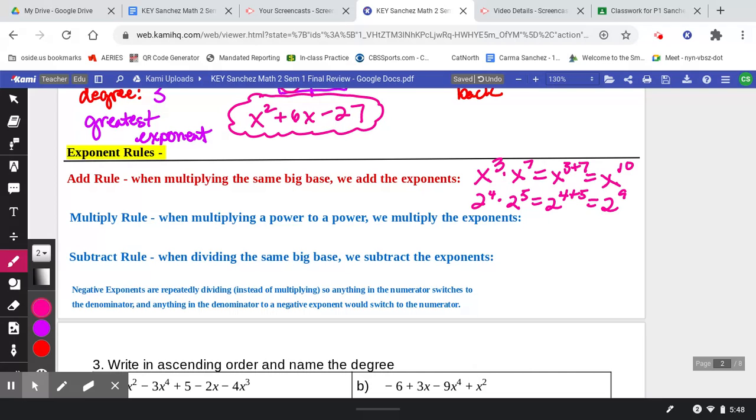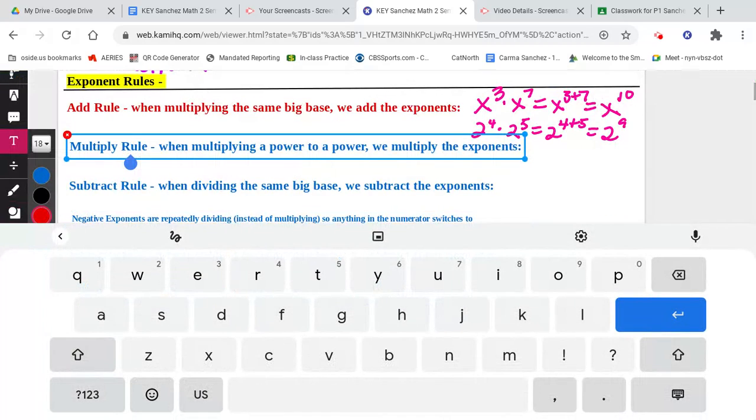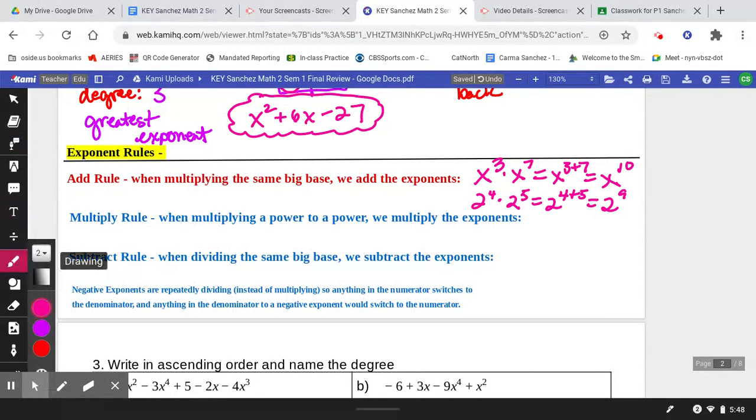Now let's look at the multiply rule. When raising a power to a power, we multiply the exponents. So for example, what if you had x to the power of 5, to the power of 3? Then that 5 is going to multiply by that 3, so we get x to the power of 15.